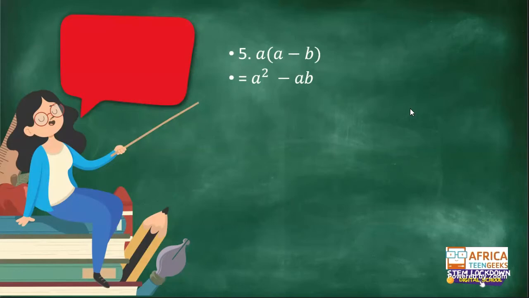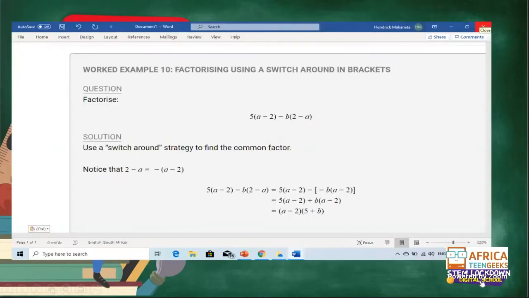Now, we have done this, and then of course, we are coming to factorization now. We are now going to factorize. Remember, this is a word example where you need to factorize. And we have done factorization before, where you take out the common factor, like in this case, a minus 2.